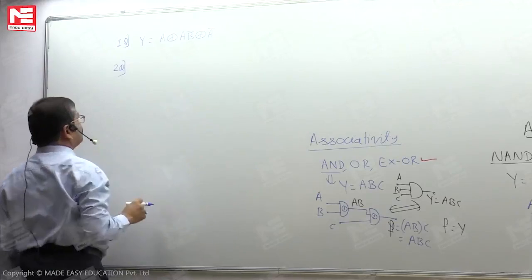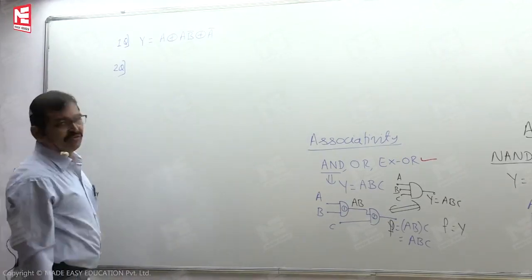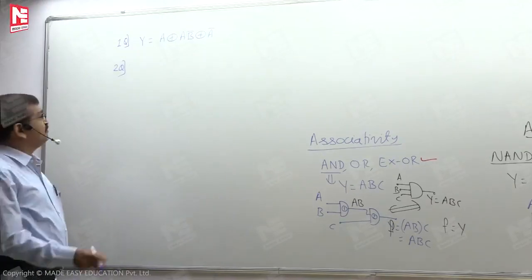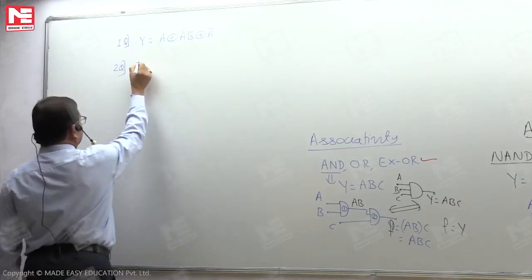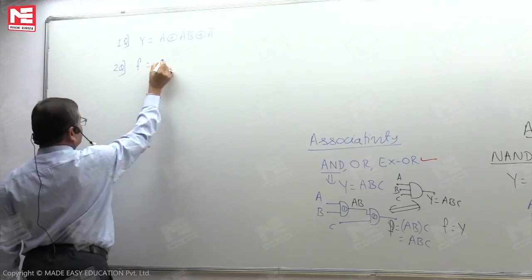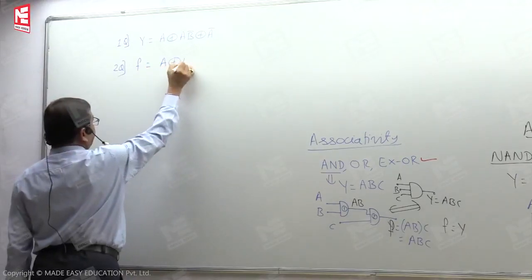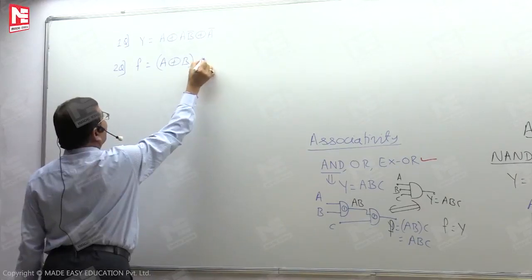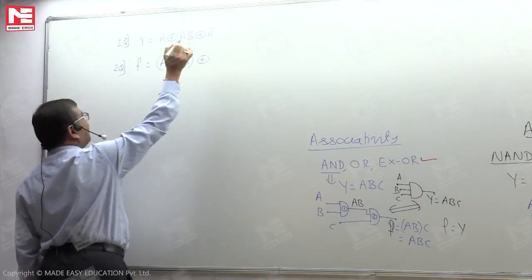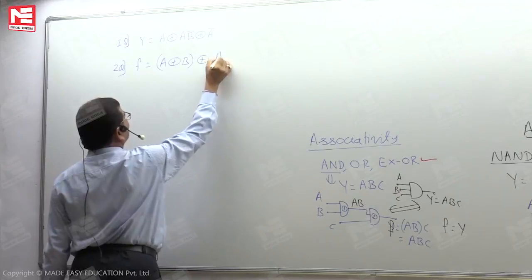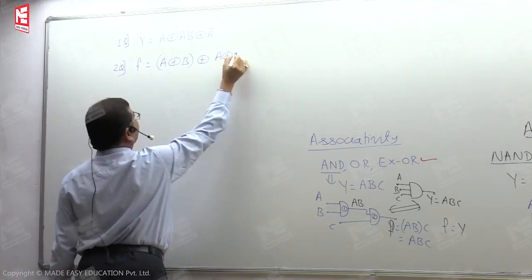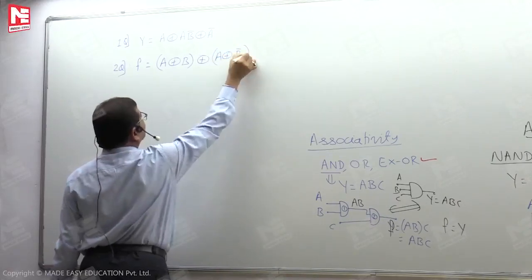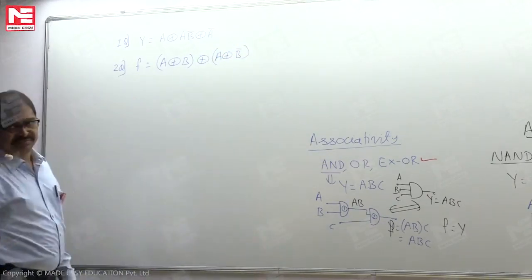First question is Y equals A exclusive OR with (A B complement) exclusive OR with A complement. Second one, F equals (A exclusive OR B) exclusive OR with (A exclusive OR B complement).